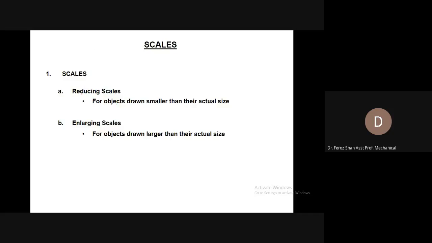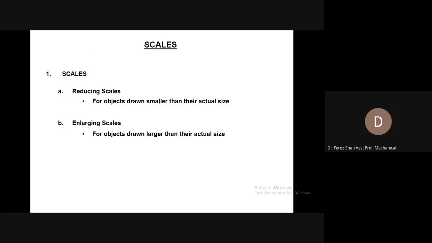So there could be reducing scales for objects drawn smaller than their actual size. For example, if you want to draw a line 100 meter long, that cannot be drawn over your drawing sheet area because your drawing sheet area will be lesser than 0.5 meter.